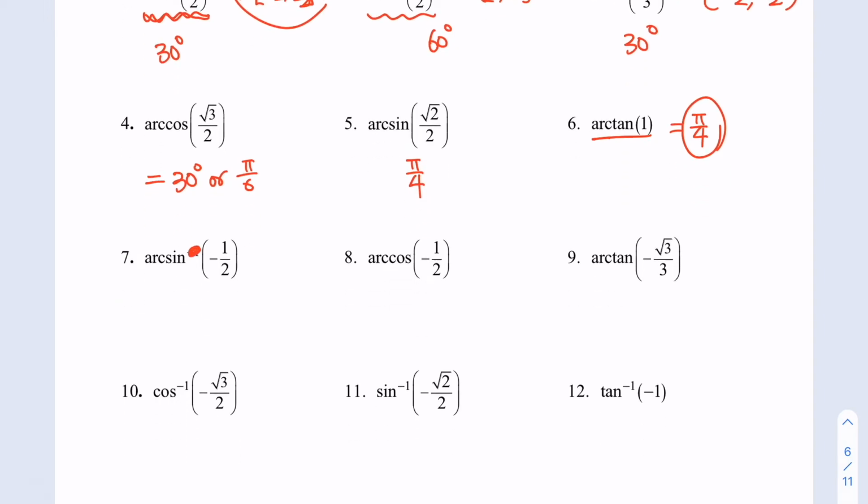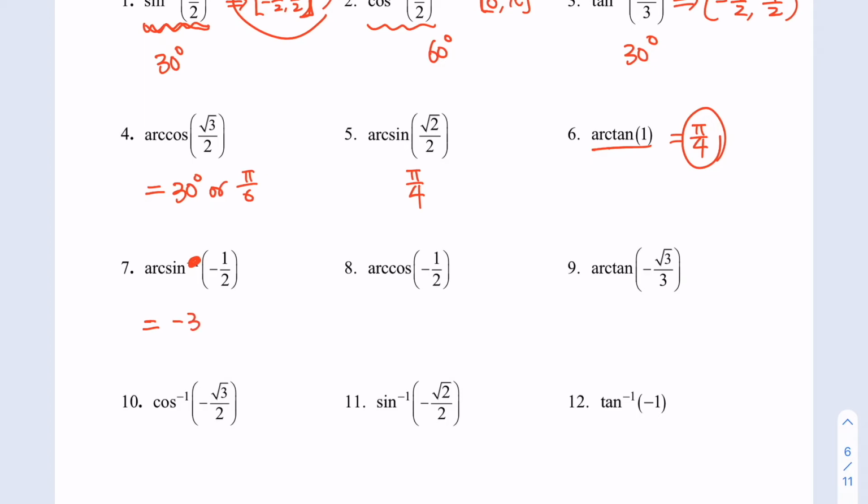Arc sine of negative 1/2. Okay, so sine inverse of 1/2 gives us 30, and the negative gives us negative 30 degrees. Okay, cosine inverse: cosine of what gives you negative 1/2? You see the first two quadrants, so it has to be an angle in the second quadrant with reference angle, cosine 1/2, this is 60, so this will be 120 degrees.